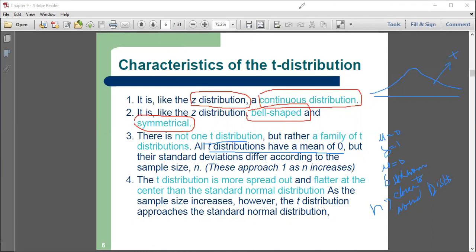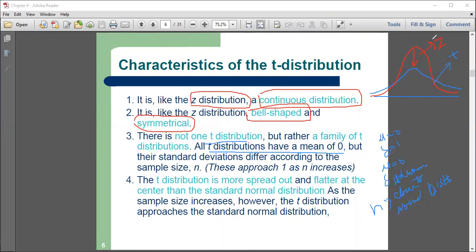Okay. So here if I draw the Z distribution, we will find out what the difference between Z and T is. So this is the curve for the Z distribution. You can see the difference between these two curves. The T distribution is flatter at the center and the Z distribution has a higher peak.